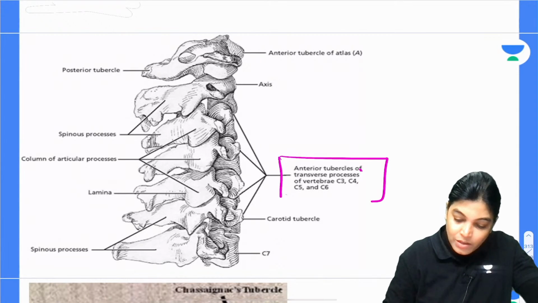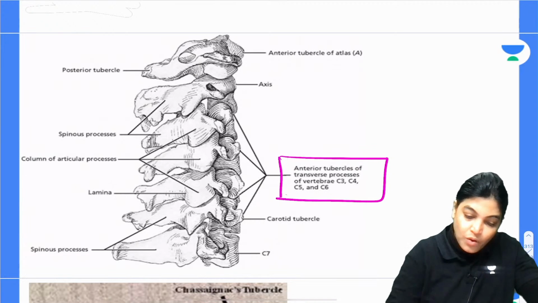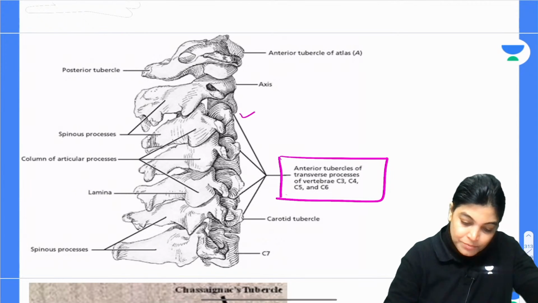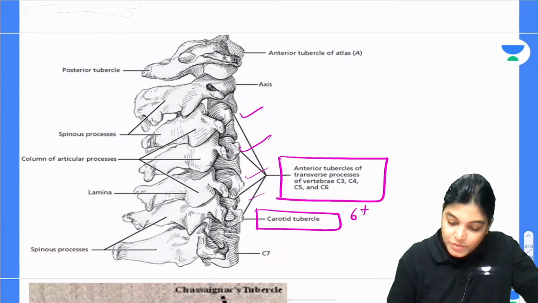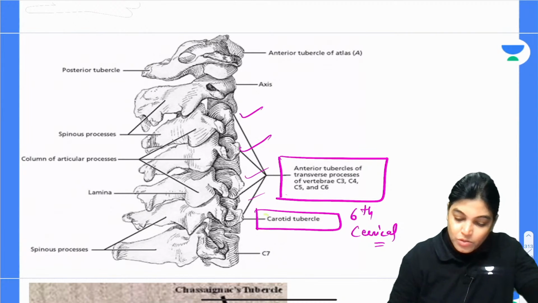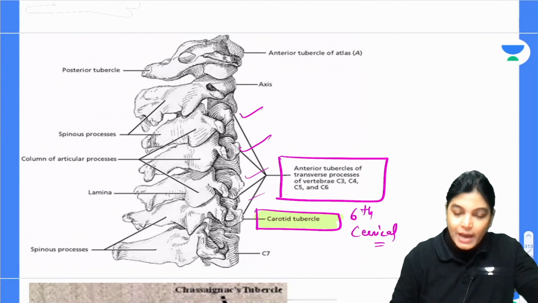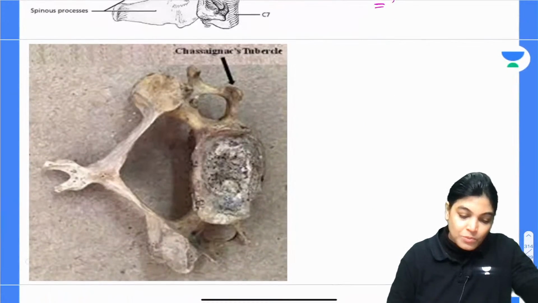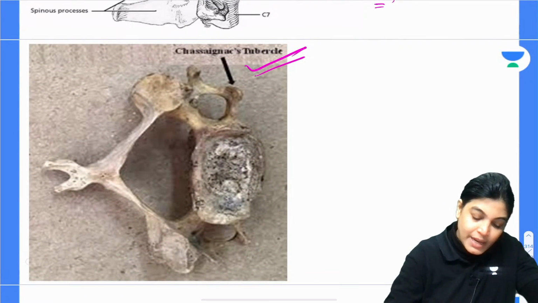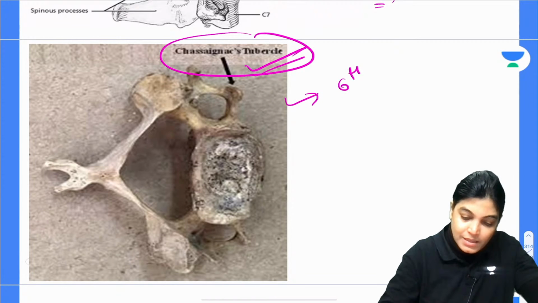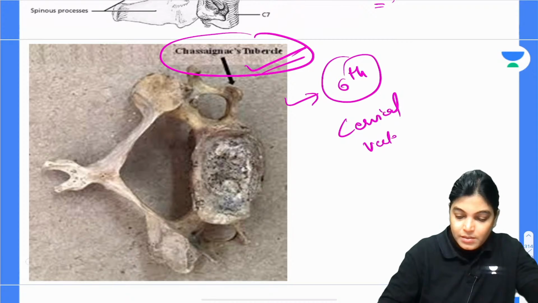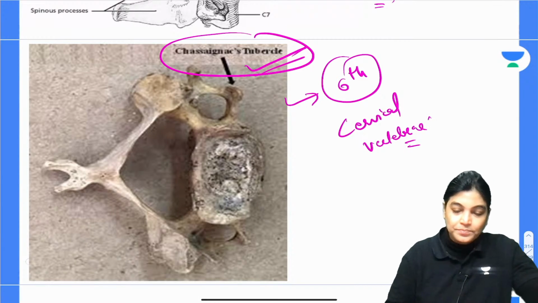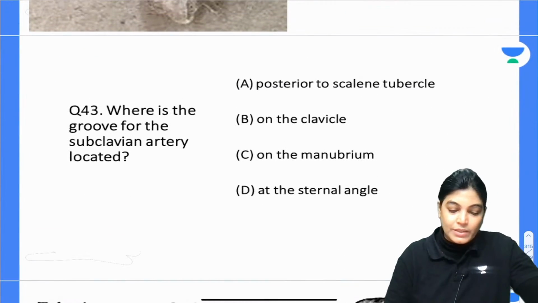The anterior tubercle of the 6th cervical vertebra is called the carotid tubercle, also called Chassaignac's tubercle. One more specimen shows Chassaignac's tubercle, present on the transverse process of the 6th cervical vertebra.